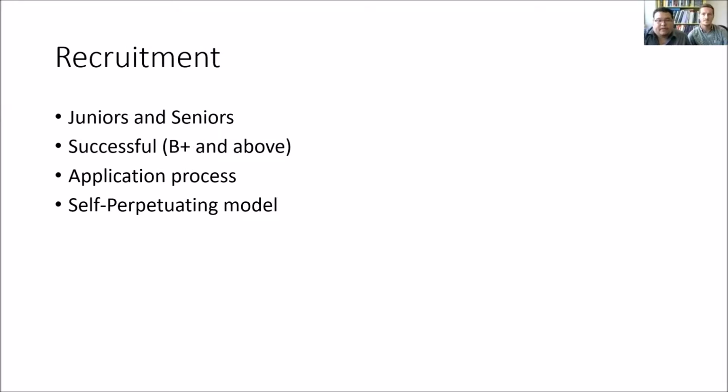So one of the important aspects for all our LA programs is the recruitment. And the way that we do it is essentially, as you saw before in that diagram that I was showing you, we select both juniors and seniors that have been successful in their course load, specifically in the courses that they're going to be LAing for.